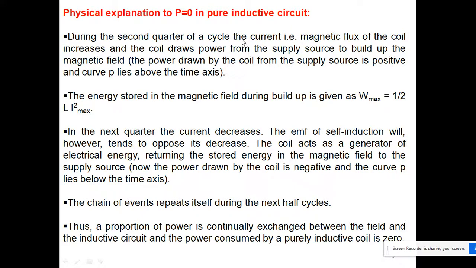So in the second quarter, the current, or we can say the magnetic flux of the coil, increases, and in this condition the coil draws power from the supply source to build up the magnetic field. It means the power drawn by the coil from the supply source we are considering positive, and the curve lies above the time axis.